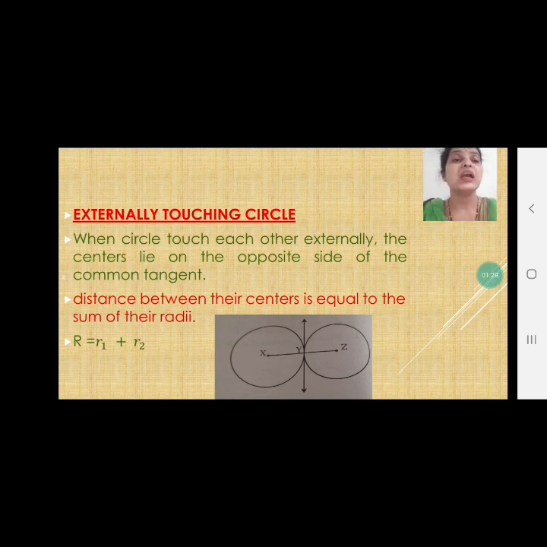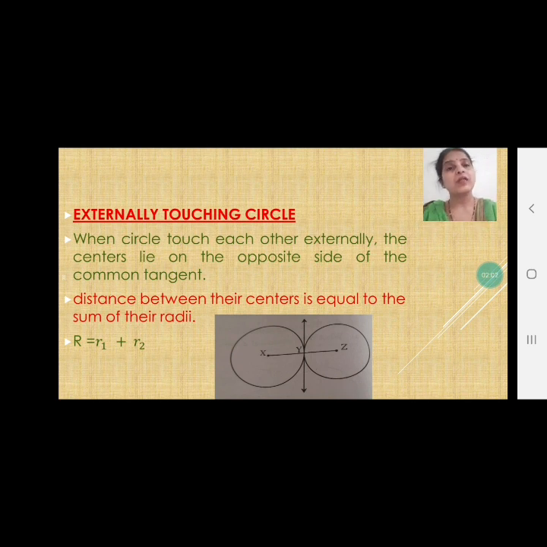When circles touch externally, the centers lie on opposite sides of the common point. The distance between the centers will be the sum of the radii of the two circles, that is R1 plus R2.